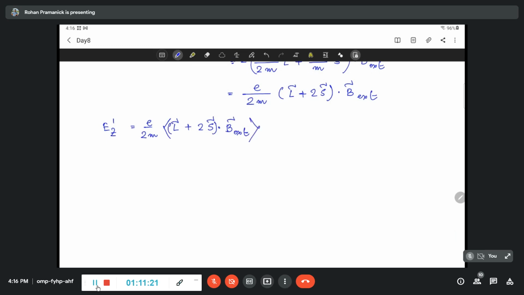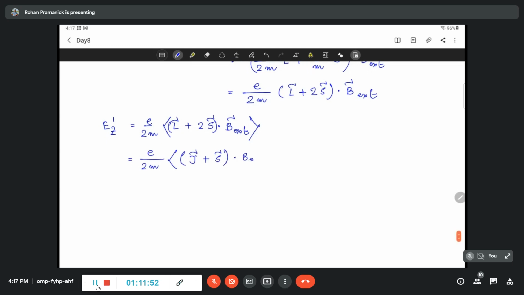Then you have to somehow manipulate this L plus 2S to your known eigenvalues. That is the important thing. We have done it twice, and now I will substitute. So this becomes e by twice m. L plus S is J, so I can write J plus S, dot B external.